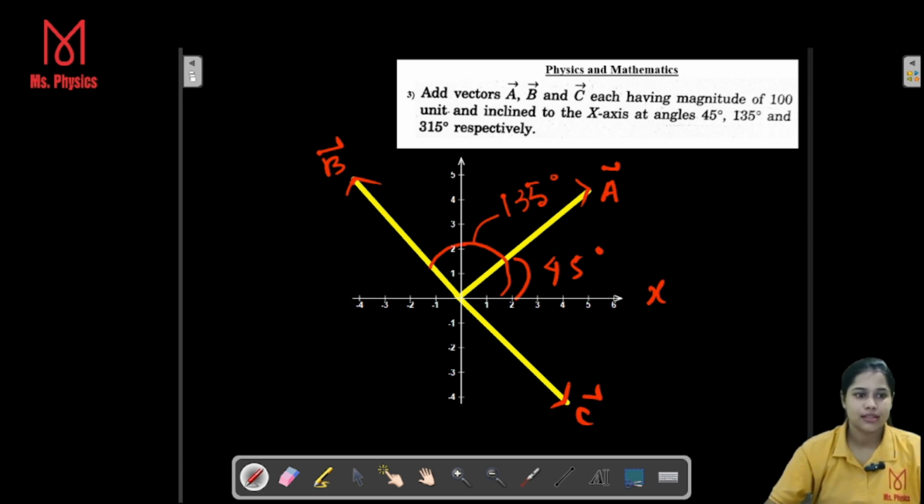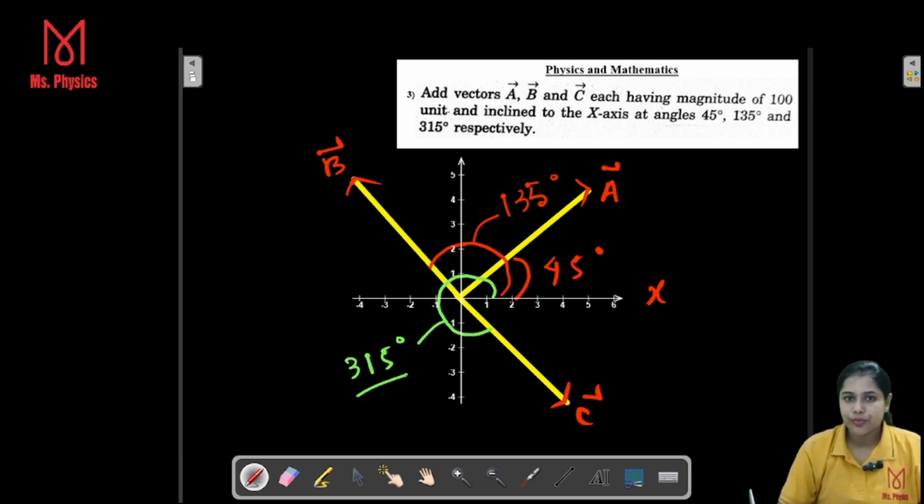I am giving you another color. Identify it well. So this is your value, that is 315 degree. See, this is 180 degree, then you have another 90 degree. Therefore 270 degree plus 45 gives you 315 degree.